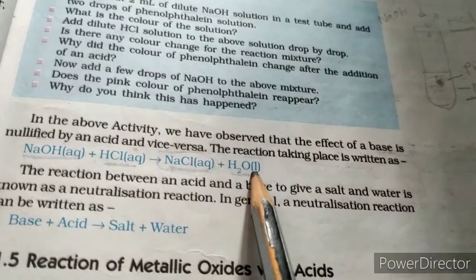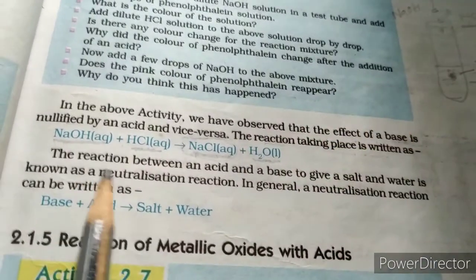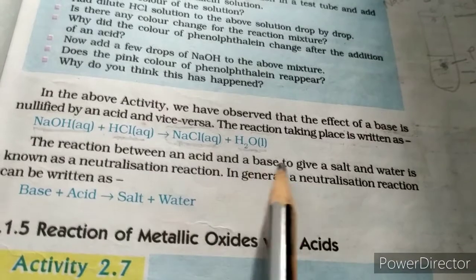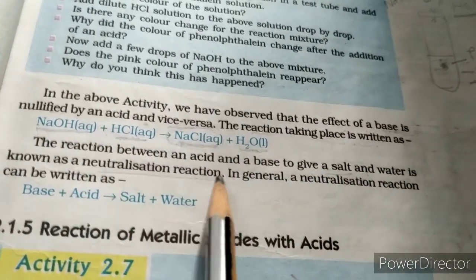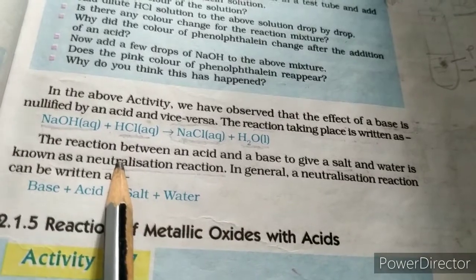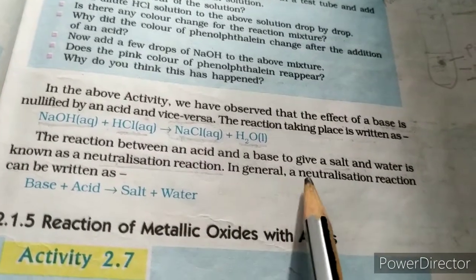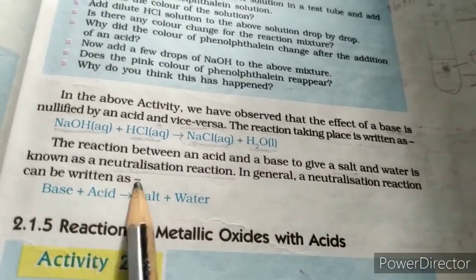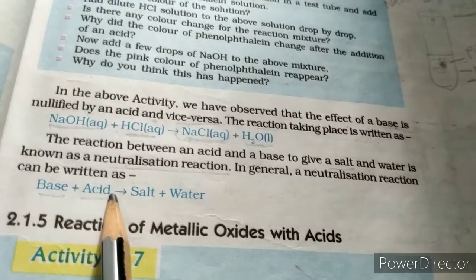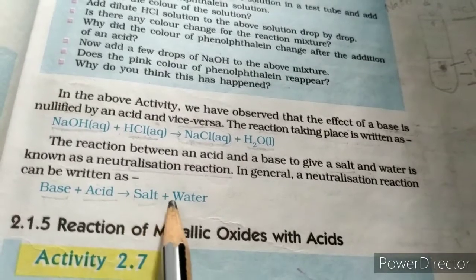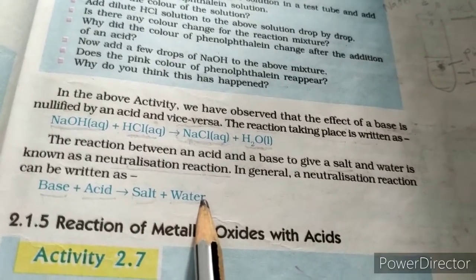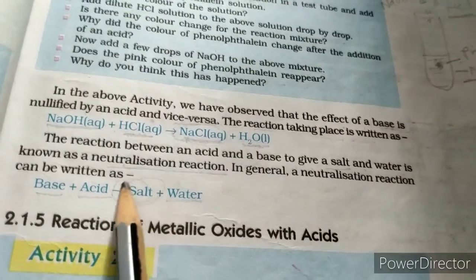So the reaction between an acid and a base to give a salt and water is known as a neutralization reaction. In general, a neutralization reaction can be written as base plus acid, or acid plus base, gives salt plus water. So this salt formed is a neutral salt.